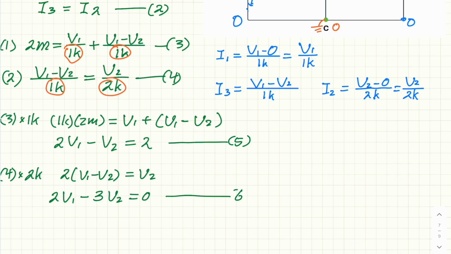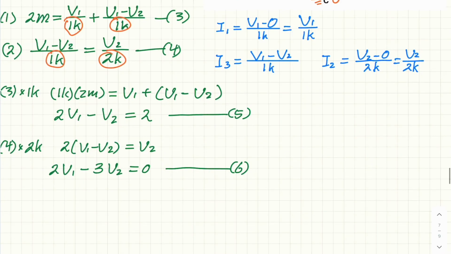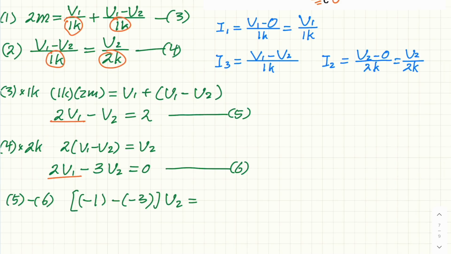So this is 6. So we can say 5 minus 6: for V2, minus 1 minus minus 3, this is V2, 2 minus 0. So this is 2V2 equal to 2. So V2 equal to 1 volt.